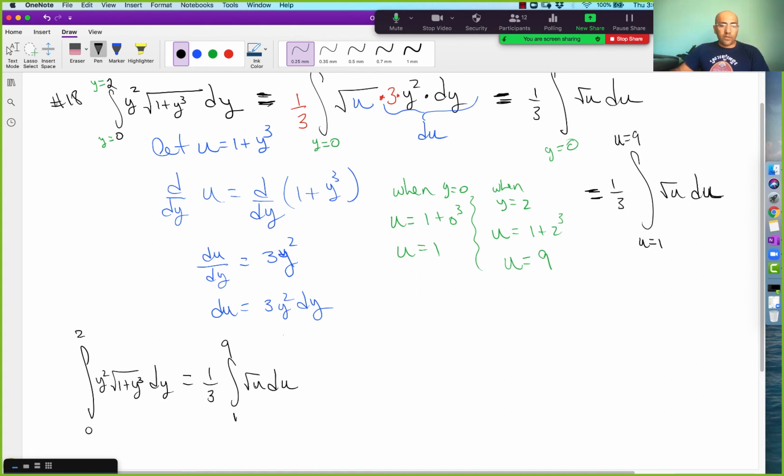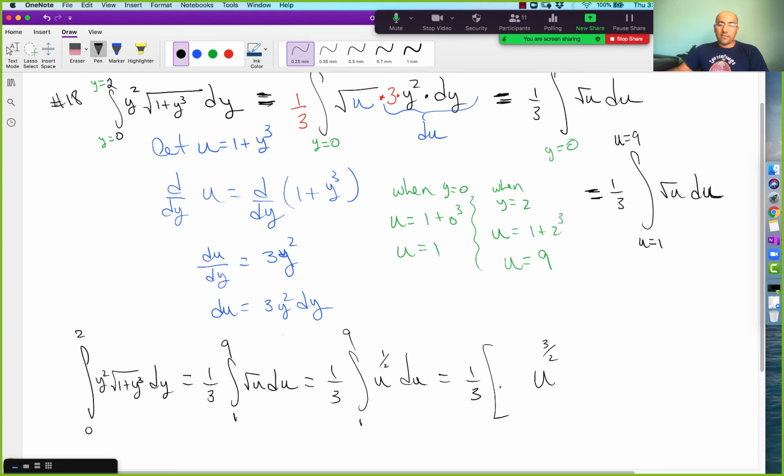And in fact, this one we can just rewrite as 1/3 the integral from 1 to 9 of u to the 1/2 power du, reinterpreting the square root of u. And now that should be an easy antiderivative. This is going to be 1/3, leaving that alone out there. And then the antiderivative is going to be u to the power of 3/2, because if we subtract 1 from 3/2, we get 1/2.